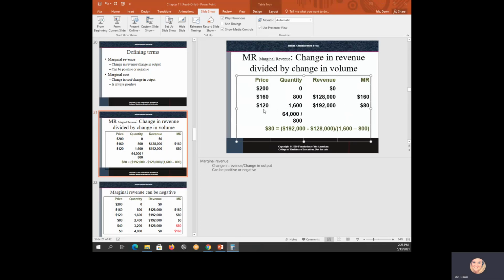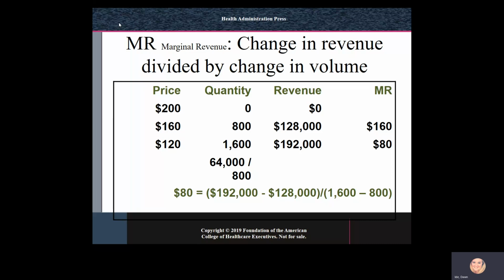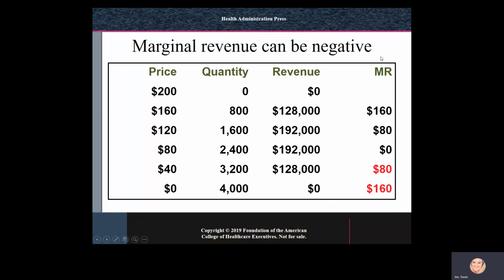In this third year, we had to find out first what the change in revenue and change in volume was. And we did that by subtracting. We subtracted 192 minus 128, 1,600 minus 800, and then divided those two answers, 64,000 divided by 800, and that equals 80. So our marginal revenue was $80. Okay. Perfect. Alrighty.